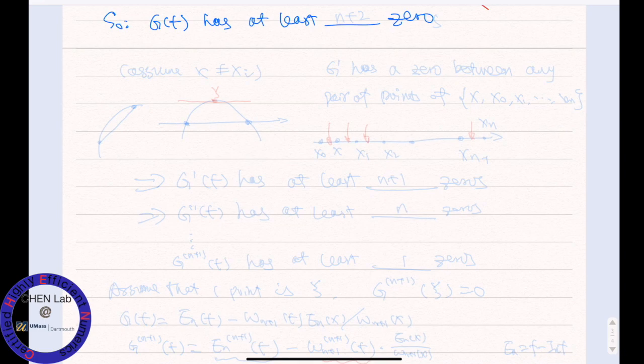Let's count. So we have n plus 2 zeros. They're zeros. Again, we assume x is not equal to xi, otherwise the result of the theorem is trivial because the error at xi is 0. If x is one of the xi, the error at x is 0. You have nothing to prove.